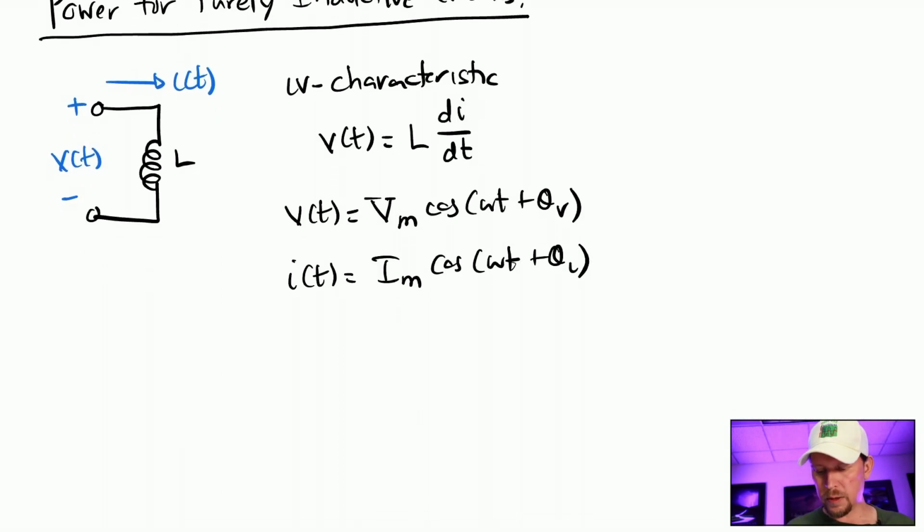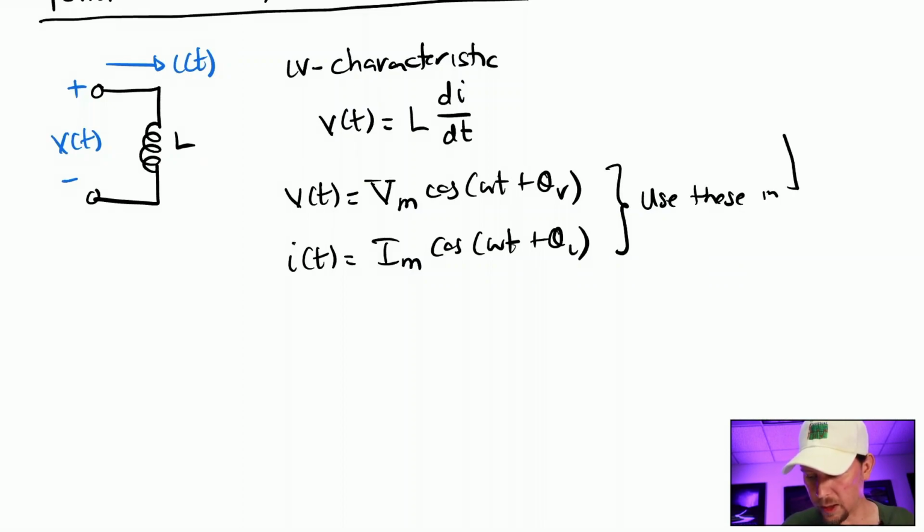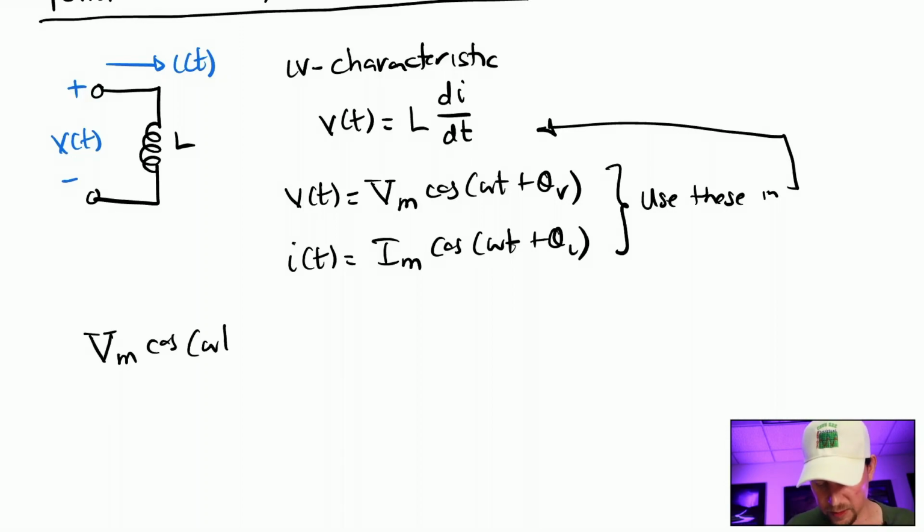and the current has the same form like this. Notice that we can actually plug these back into that equation, take the first derivative, so let's actually use these in there. On the left-hand side, we're left with V sub m times cosine of omega t plus theta sub v.